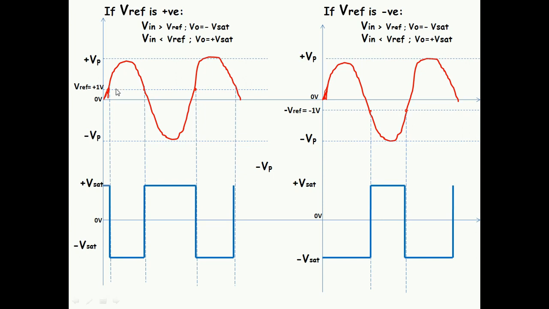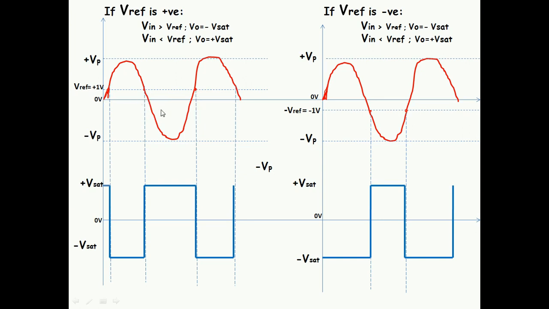Till this period we have the output as minus V saturation. When Vin becomes equal to V reference, till then it remains at the same level of minus V saturation voltage. When it becomes equal, at that time it switches from minus V sat to plus V sat, and from here to here, till this period, Vin is less than V reference.